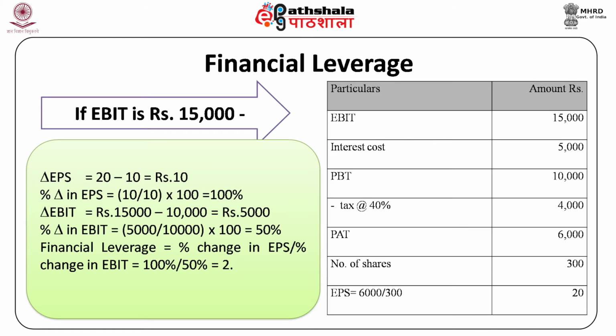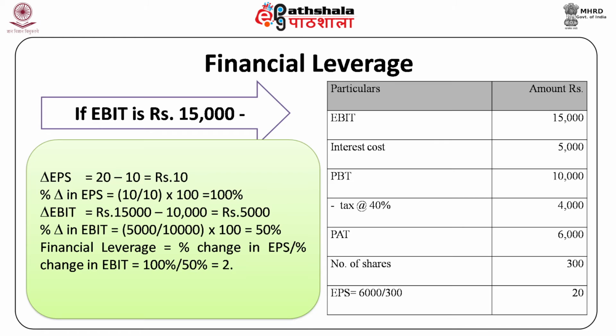So delta EPS is equal to 20 minus 10, 10. So percentage change in EPS is 10 divided by 10 into 100, which is 100%. While change in EBIT, delta EBIT, is 15,000 minus 10,000, which is 5,000. Percentage change in EBIT is 5,000 divided by 10,000 into 100, which is 50%.